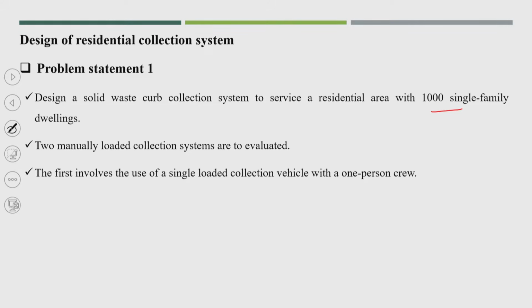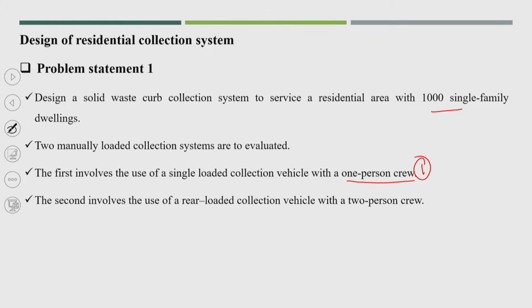The first involves the use of a side loaded collection vehicle with a one person crew, that is the first collection system, and the second involves the use of a rear loaded collection vehicle with a 2 person crew.